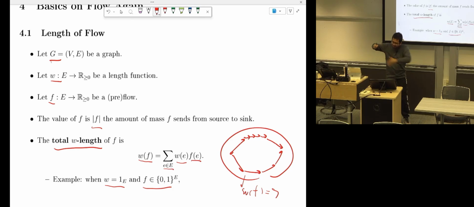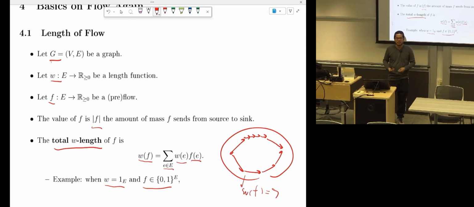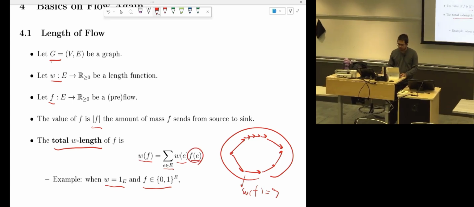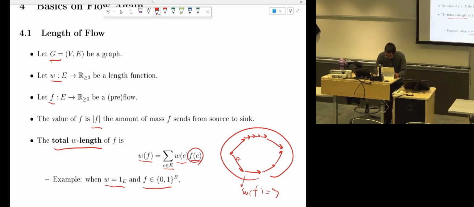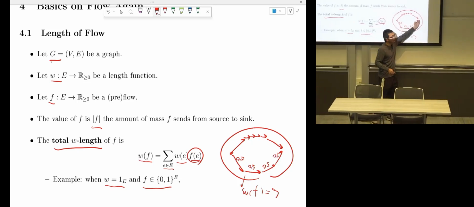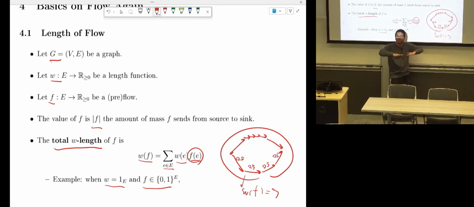But here you measure the total number of edges that you use, basically. But now you can have this scale too, right? So if the flow along this is actually 0.5, 0.5, 0.5, 0.5, then the total length along this one, you scale it down as well.